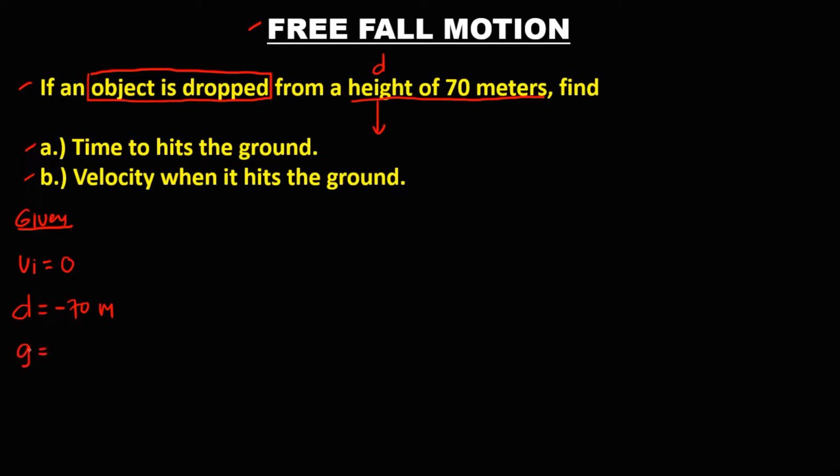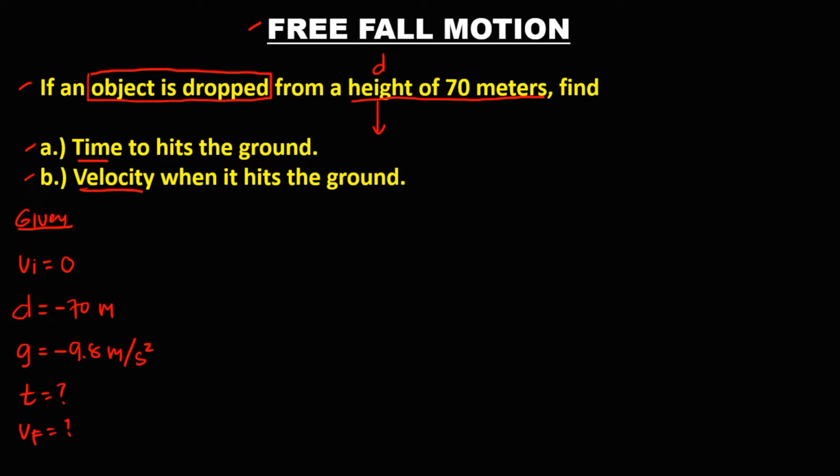Then for the gravity, this value is constant, so that's negative 9.8 meters per second squared. And these are the unknowns: the time, and the final velocity.